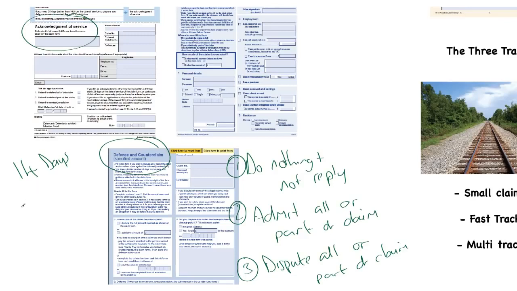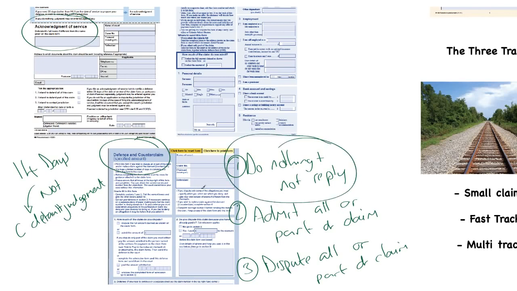And if they don't do anything within 14 days, then the claimant can file for a default judgment, which essentially means the claimant can file for a judgment in their favour. So that's why doing nothing and not replying is not a good idea, because essentially it means that the claimant can win for a no contest.